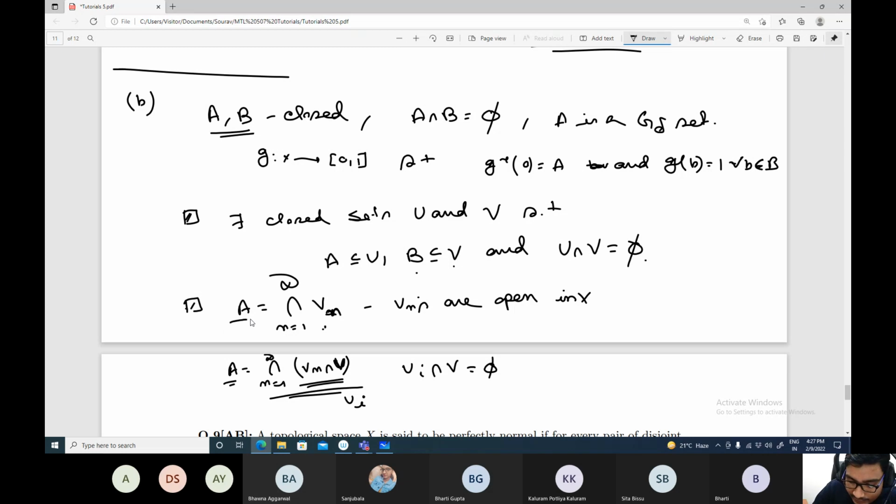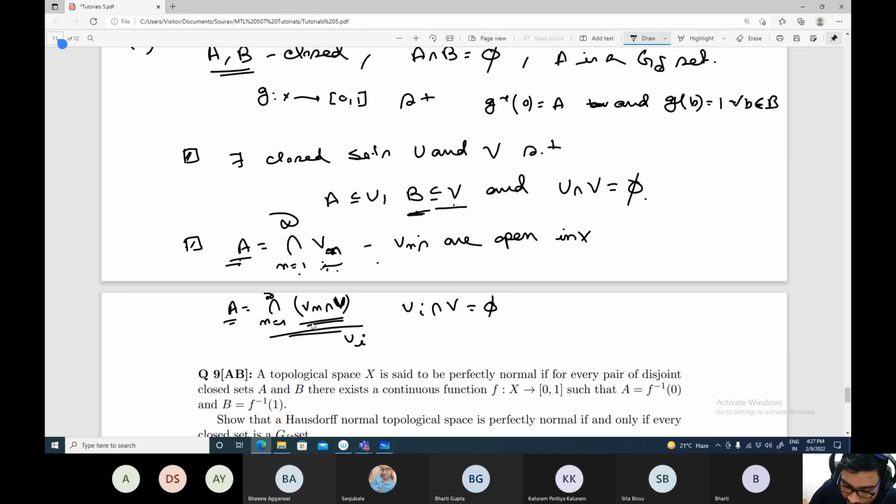Actually here I am taking A as a countable intersection of open sets. But for this particular problem, I want these open sets, whose intersection is A, to be disjoint from B, and then only we can produce such a function g. So now by this argument you find some open sets Ui which are disjoint, and then write A as intersection i equal to 1 to infinity of Ui.